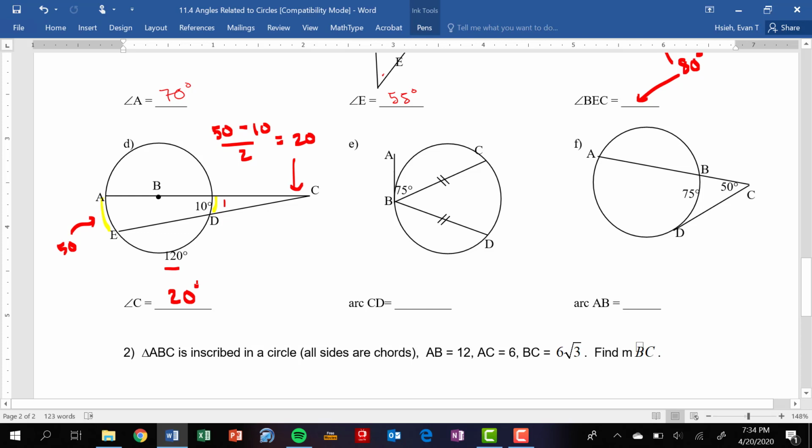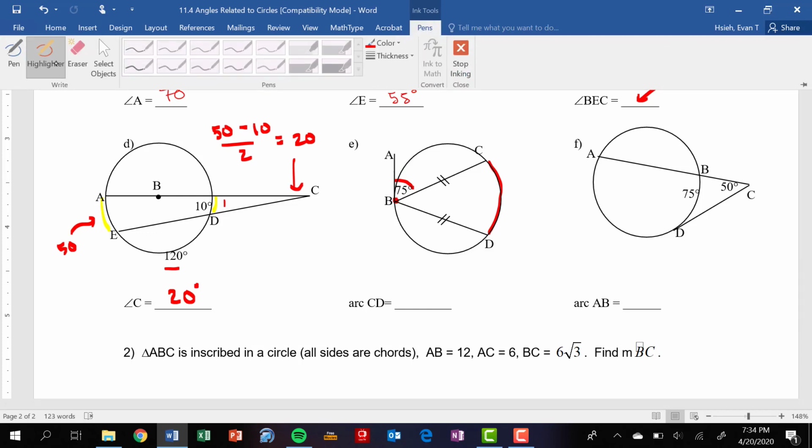All right, the next one here, I'm looking for arc CD. This is the one I'm looking for right there. And I see that I'm given this angle that has its vertex on the circle. So I know it's half of the intercepted arc, which is this arc right here.